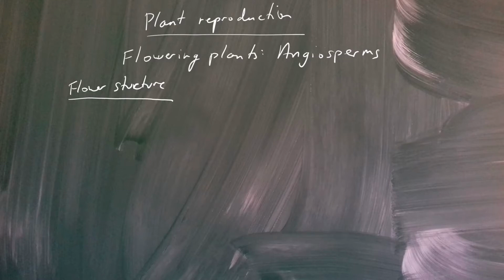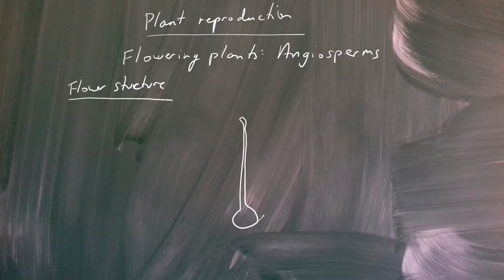I'm going to make a very schematic drawing of a flower, cross section. We'll start like this. Okay, so that is the central part of the flower. This is known as the style and the stigma. I'm going to label this later.